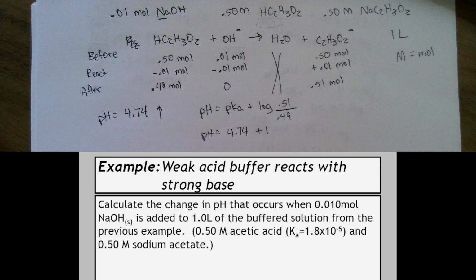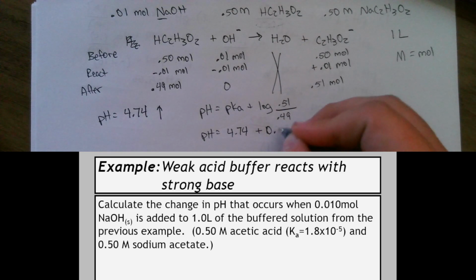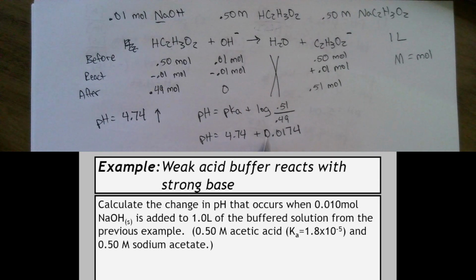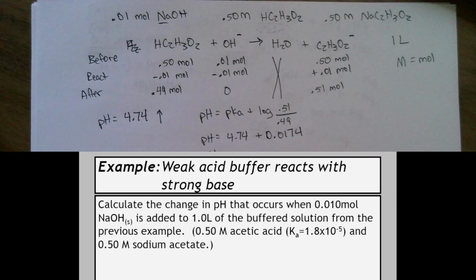I got, one moment. Take the log of that. I got just 0.0174. Add those two together, it hardly changes at all. My new pH is 4.76.